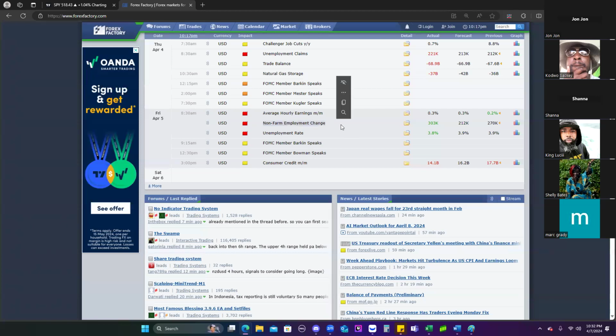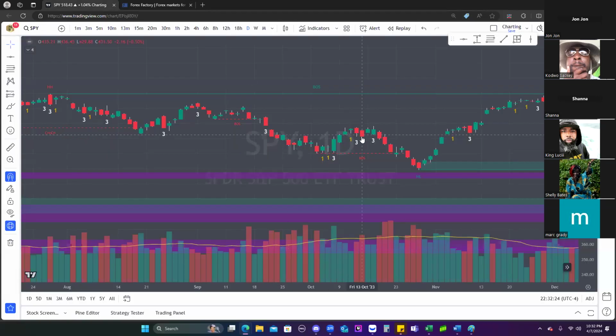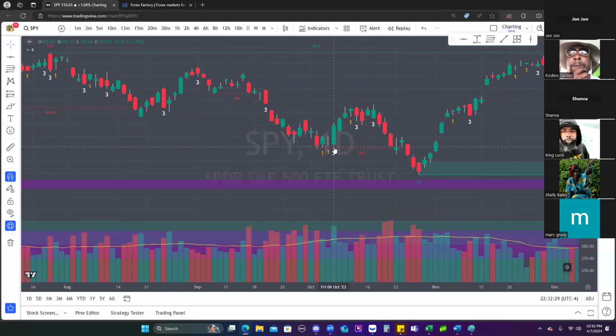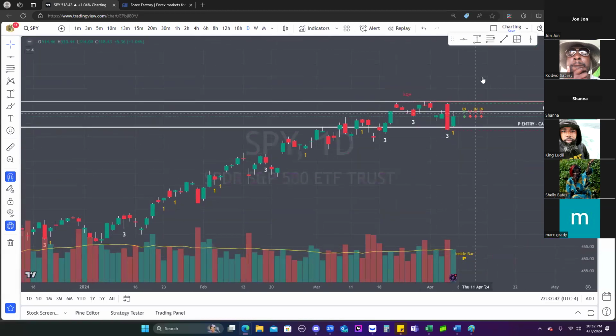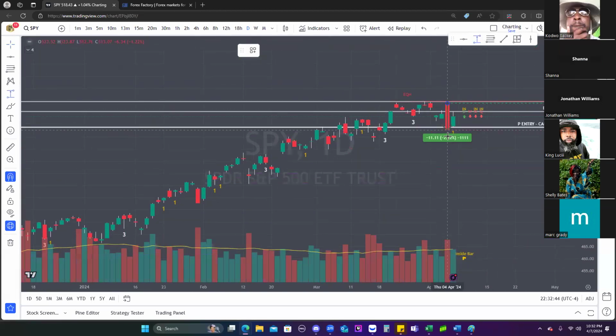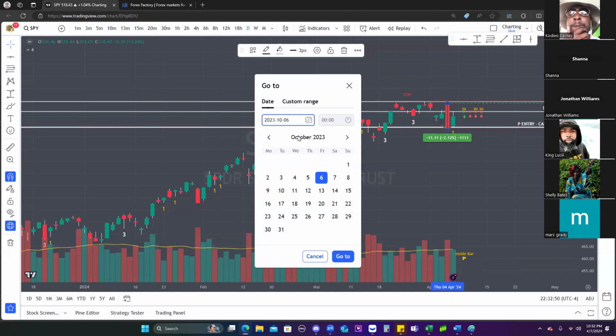This is the first one of the quarter, and I noticed that we have a lot of large movements on that day. So, example being on October 6th, that was a 10-point day. We come up here, similar thing, an 11-point day. The other example for that, January.